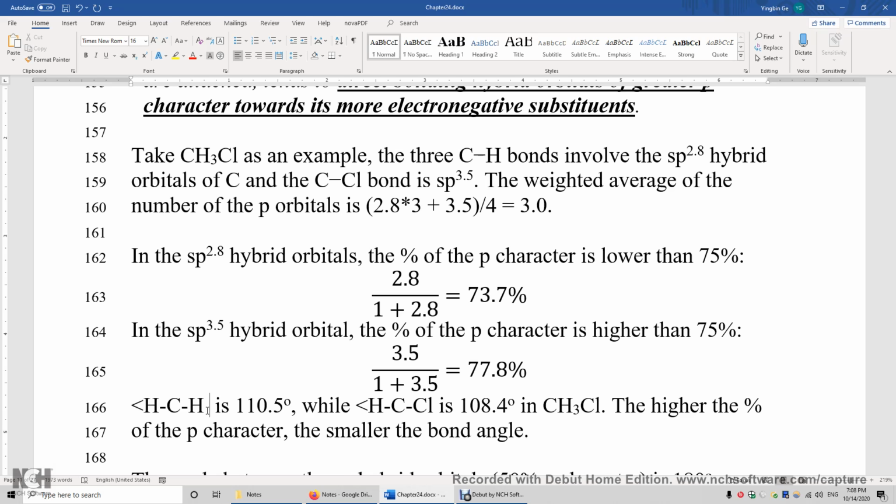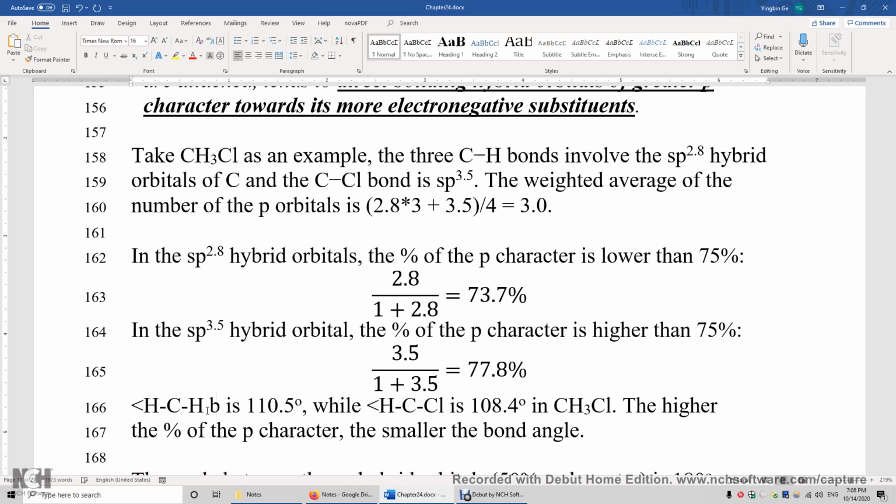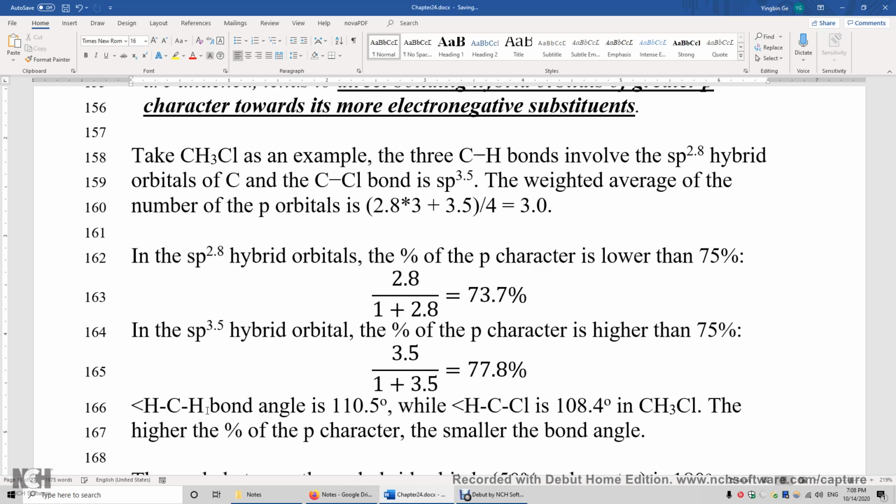So we can see the higher the percentage of the p character, the smaller the bond angle. And why is that? First, we know the p orbitals have higher energy than the s orbitals in many-electron atoms, such as carbon.